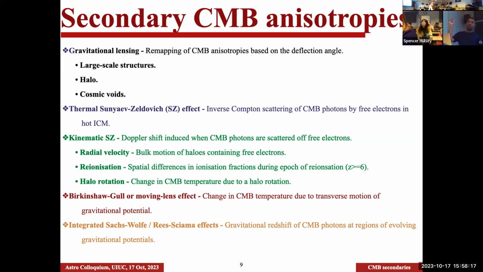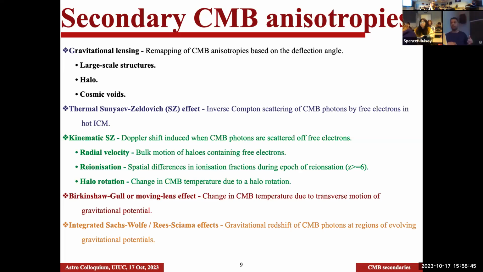So CMB photons are traveling towards us, then we have structures, clusters of galaxies. Clusters of galaxies are normally hot compared to the average universe, so they have free electrons. When CMB photons interact with free electrons, they gain extra energy. That's the inverse Compton scattering, and it's actually a very useful effect. This is how we detect galaxy clusters in CMB surveys. I'll show these later.